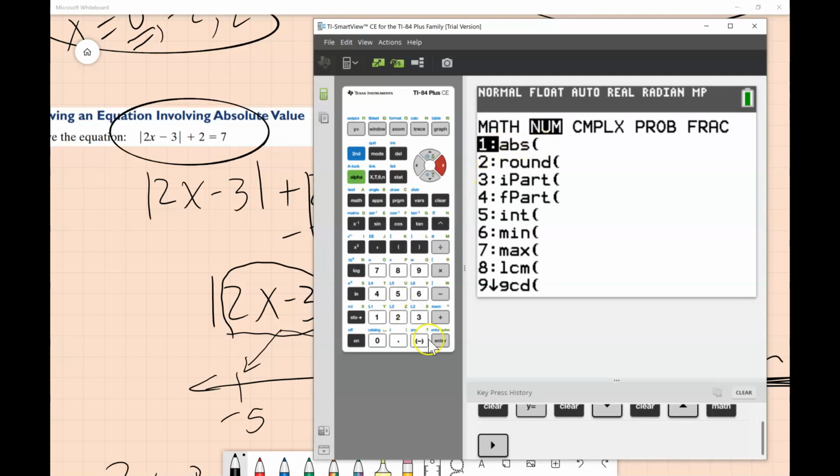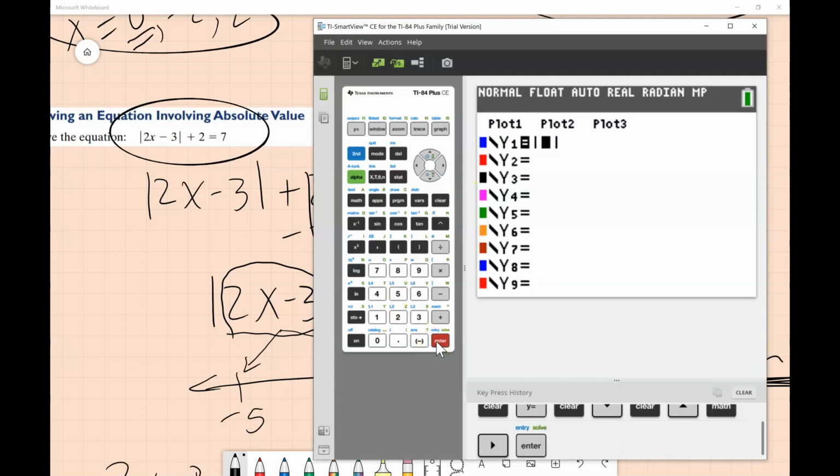Well, that stands for absolute value. And so that puts you some absolute value bars there. And I type 2x minus 3. Then I make sure I click to the right to get outside of the absolute value, and I say plus 2. And then for y2, I can type in the right side, which is just that 7. I'm going to put 7 for y2. I'm going to click graph.